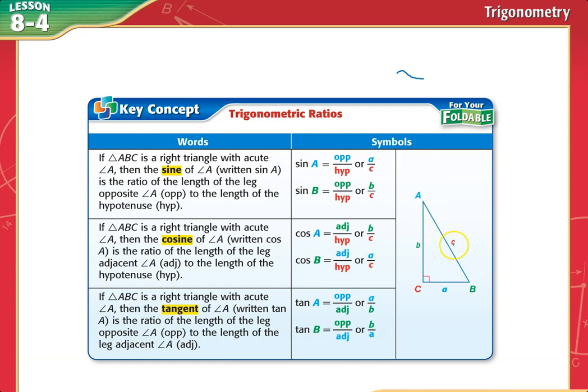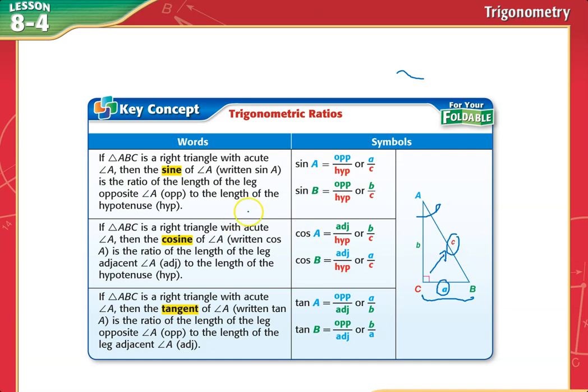The sine of the angle A is the length across from it, which is called side a, small a, which is actually the length of CB, divided by side c, which is the hypotenuse.